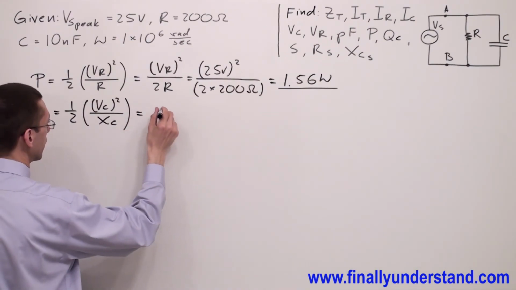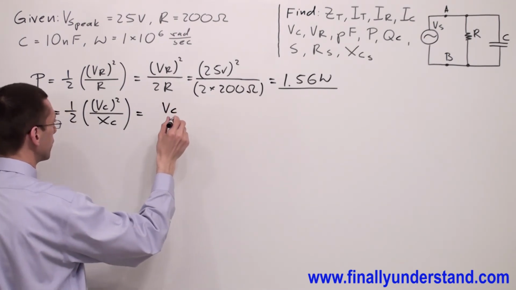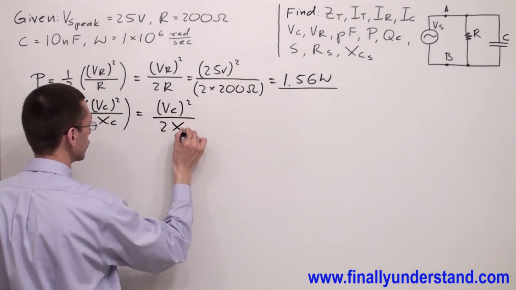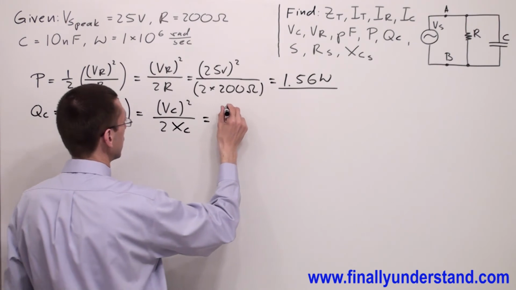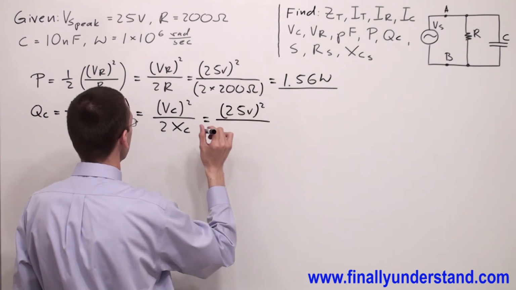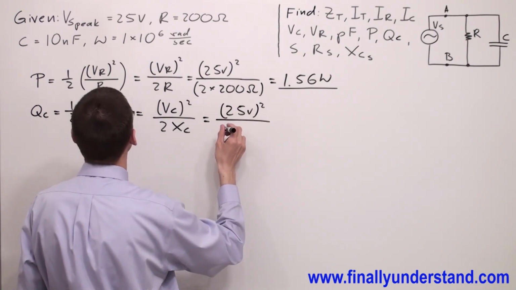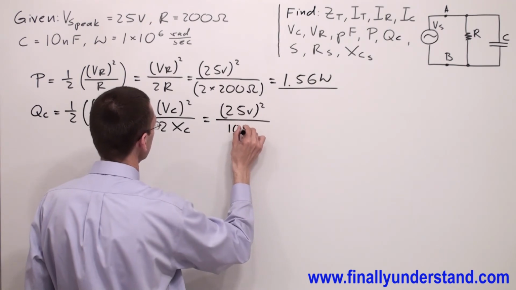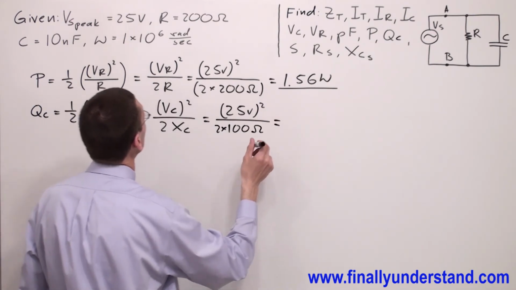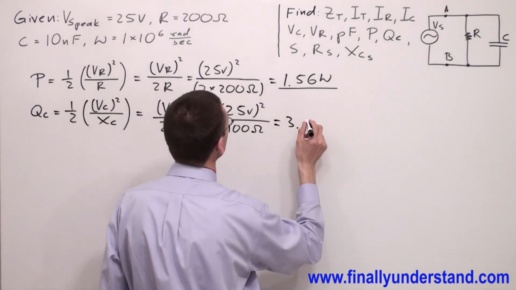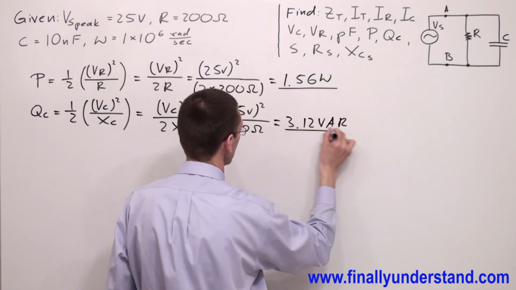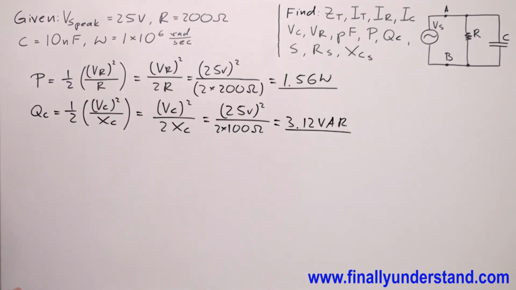This is equal voltage across the capacitor raised to the second power over 2 times X of C, which is equal 25 volts raised to the second power over X of C, which is equal 100 ohms, of course, times 2, is equal 3.12 volt ampere reactive. So this is my reactive power.